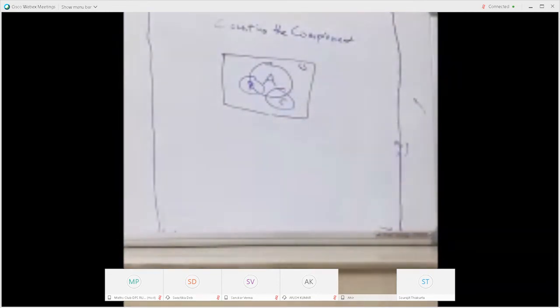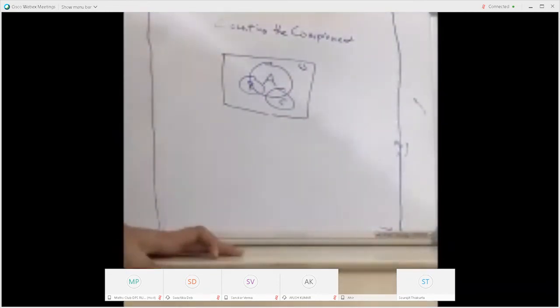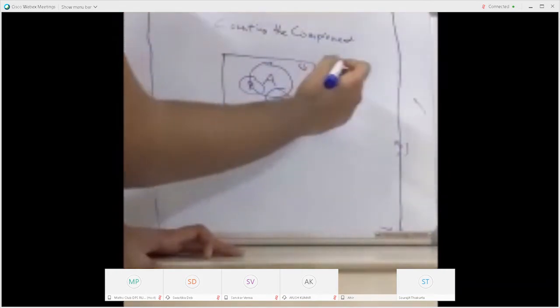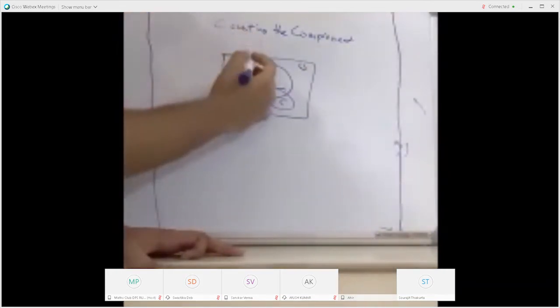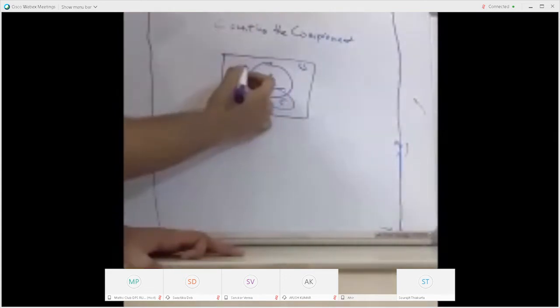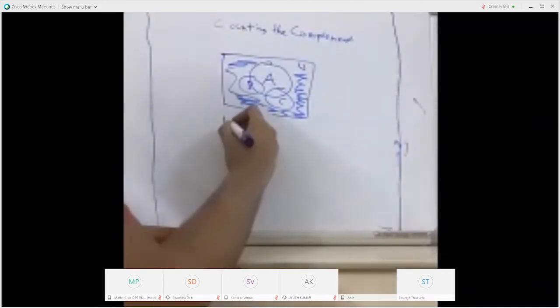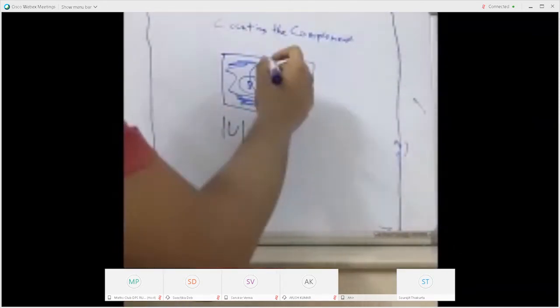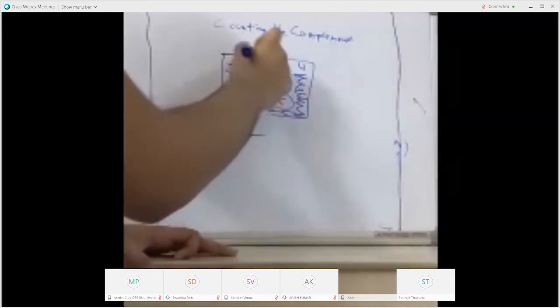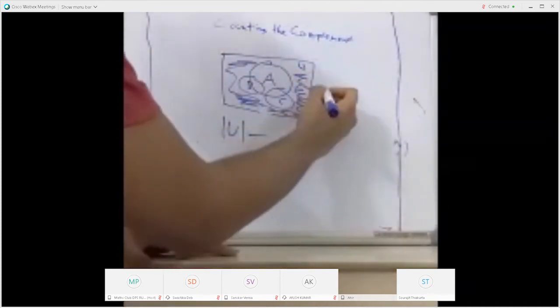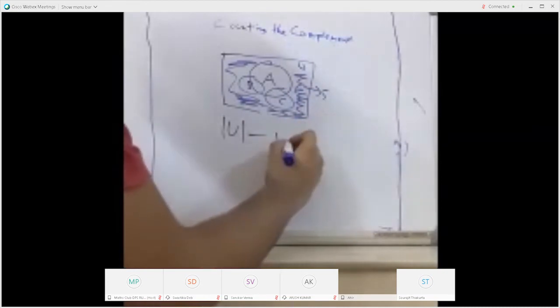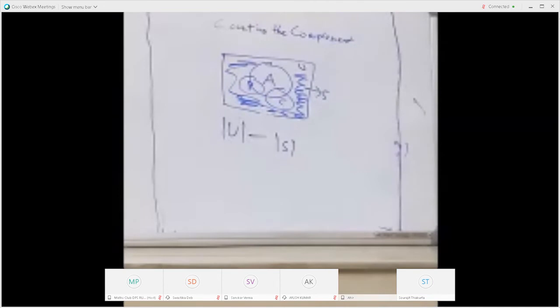So what you can do in that case is, if you know the number of elements in the universal set, and if you know the elements which are not in any of these sets, so basically this part, then you can take the universal set and subtract all the elements which are not in any of these sets. So if we call this S, then U minus S gives us our answer. We'll try to understand this with a problem.